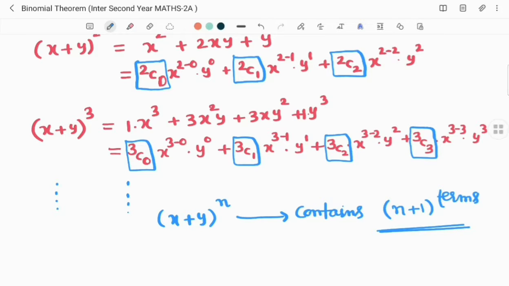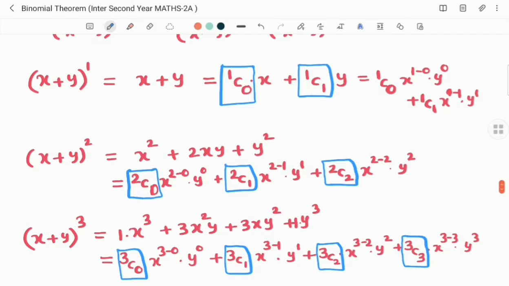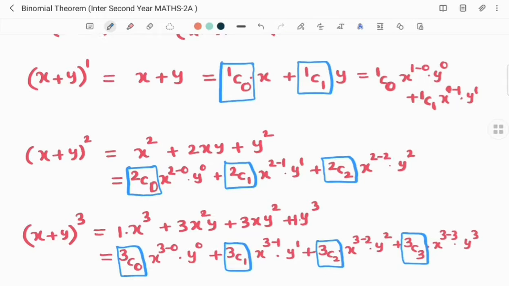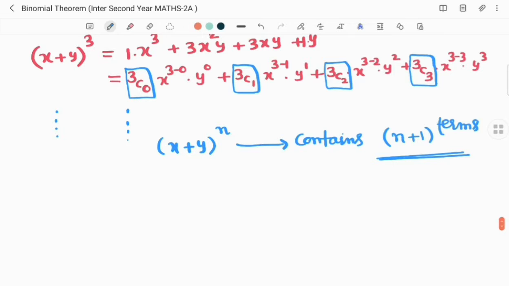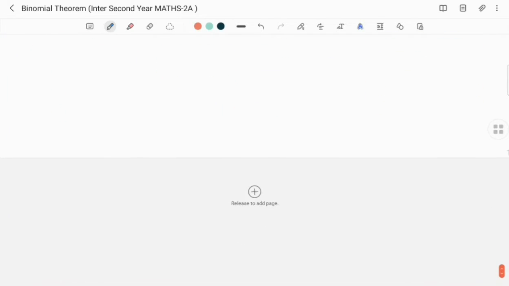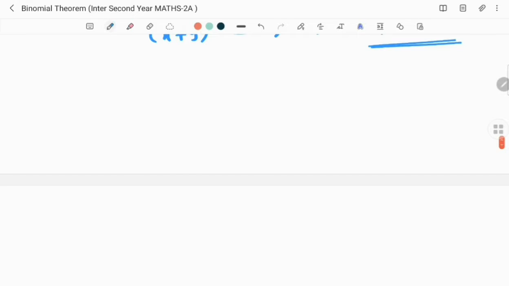See, what is the relation between these binomial coefficients 1c0, 1c1, 2c0, 2c1? Based on the index, we will create one. The index means in place of n whatever the value is there, and the coefficients also.